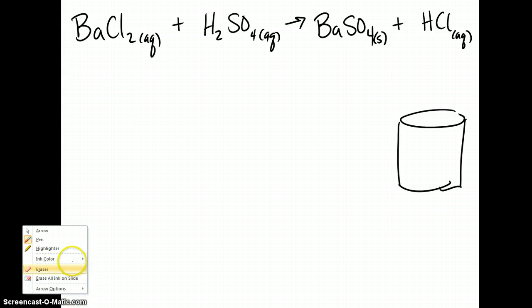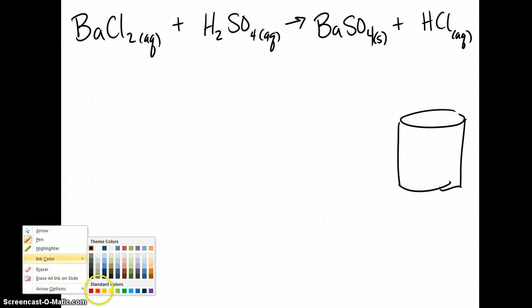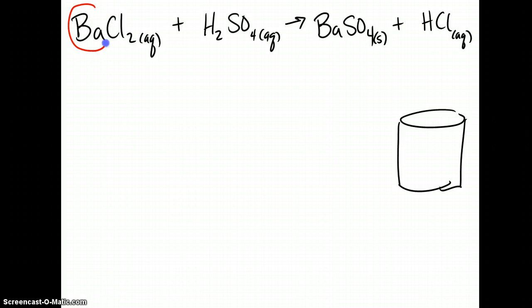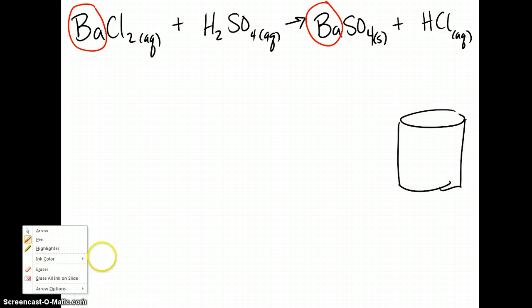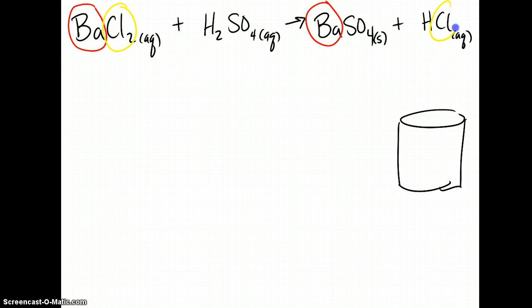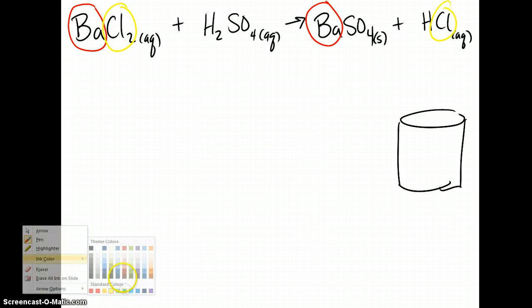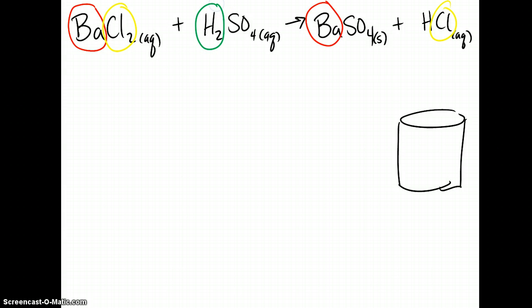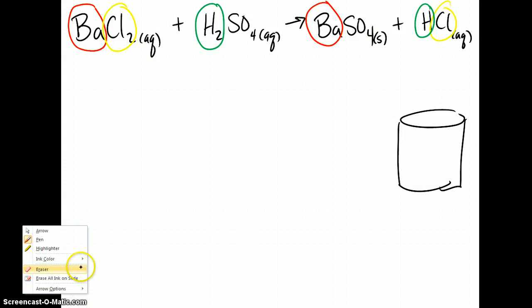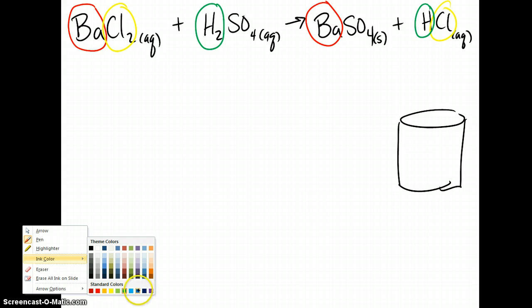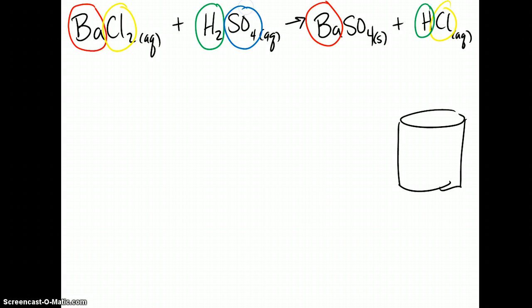We're going to do our color coding, and we're going to have barium be red, our chlorine be yellow, and next we're going to have our hydrogen, remember that's a cation, be green, and our sulfate be blue.